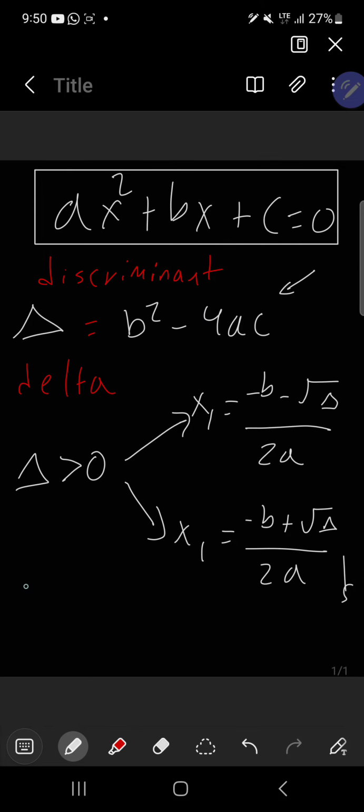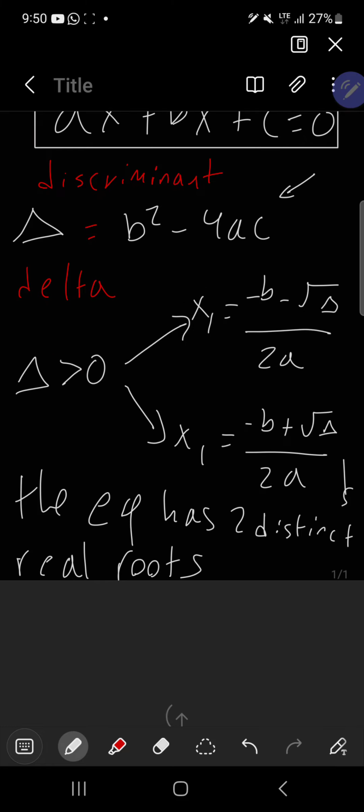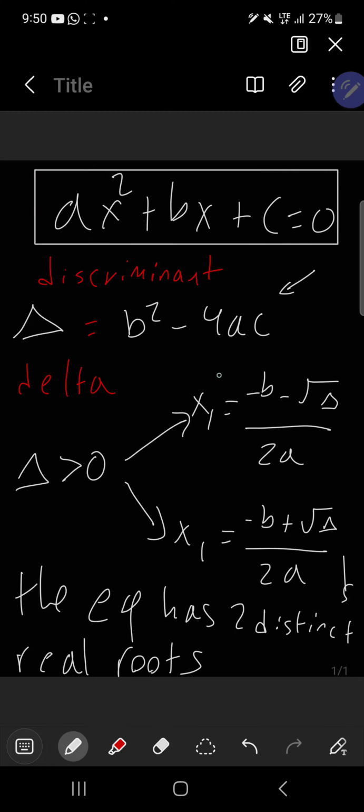We say that the equation has two distinct real roots. So basically it has two roots, and to calculate them we use these rules: minus b minus radical delta over 2a, minus b plus radical delta over 2a. They might seem confusing or difficult, but they are just these two rules basically. Okay, for now.